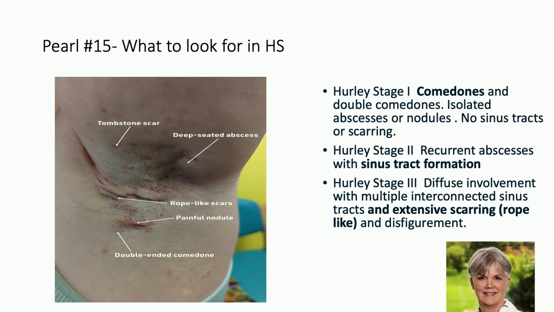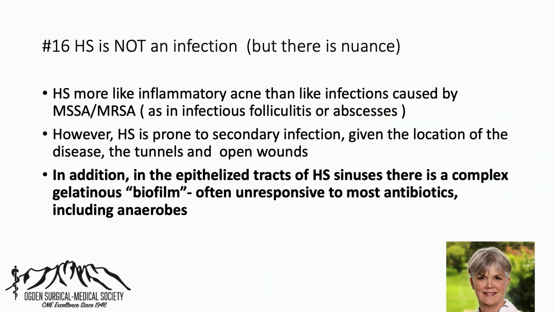Then you see nodules, then you see more recurrent abscesses and nodules, and then you can see sinus tract formation. All that means is that the nodules and the abscesses start to look oblong. They look like they're moving sort of sideways instead of being round. And then eventually you may even see these extensive tunnels and tracts. And we always talk about rope-like scarring, where it's very rope-like.